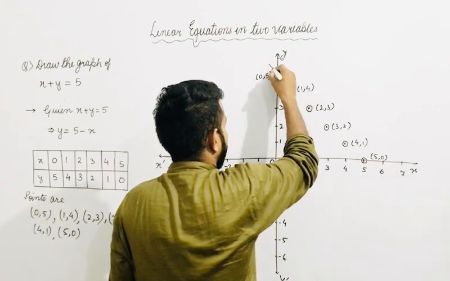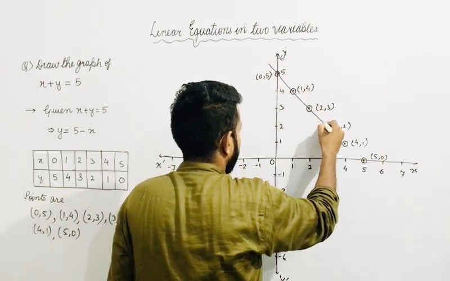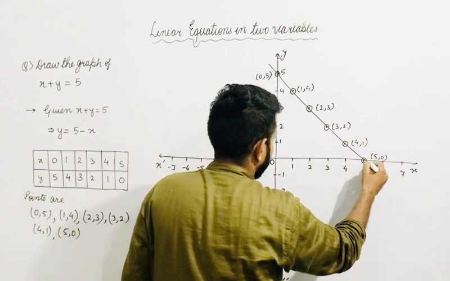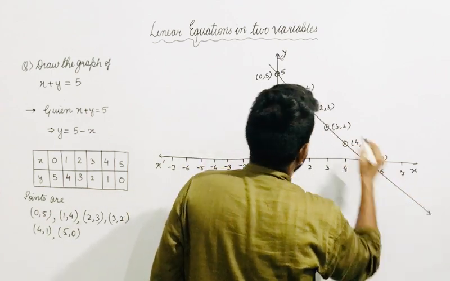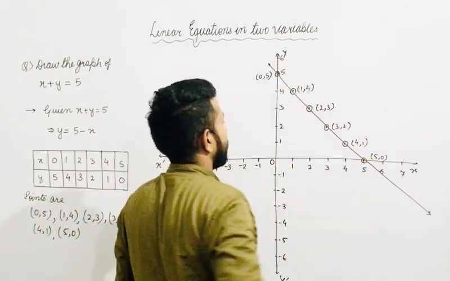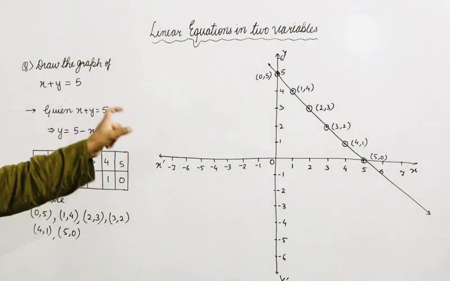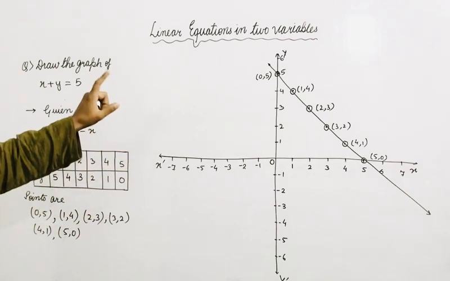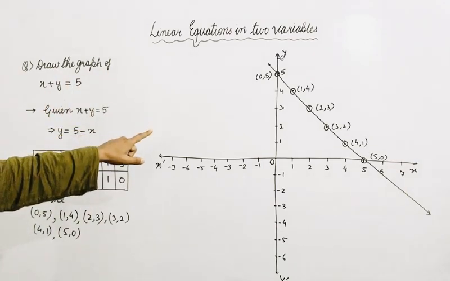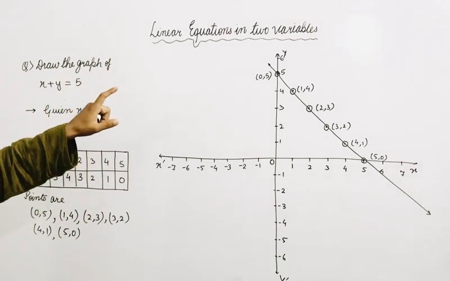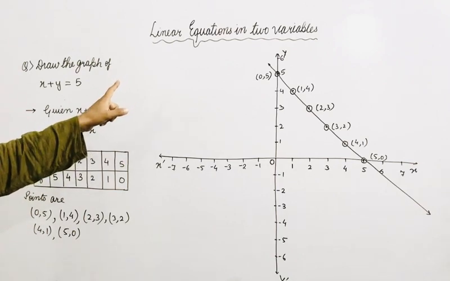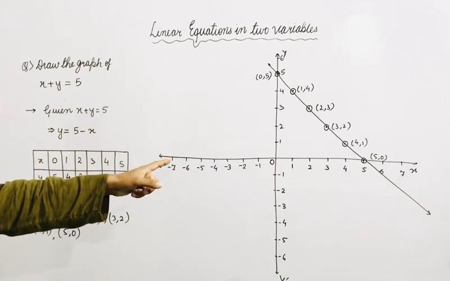Now join this line using a scale. Since this line extends on both sides, we have joined it. So this is the graph of a linear equation in two variables, and in the beginning I told you that the graph of a linear equation is always a straight line.